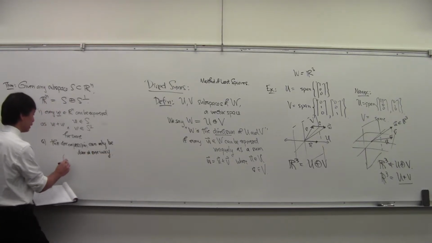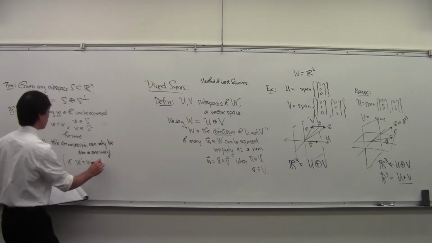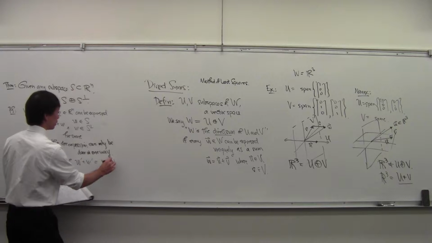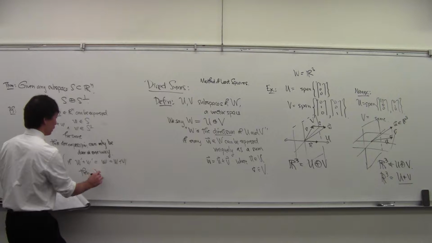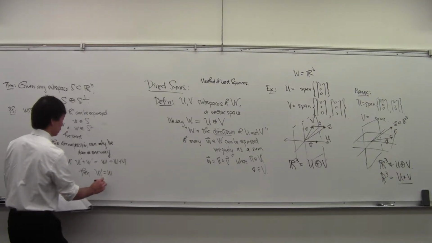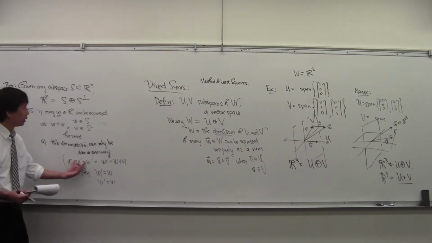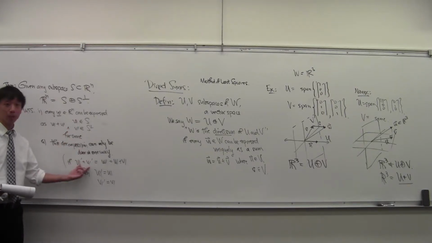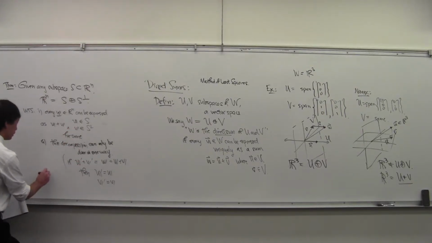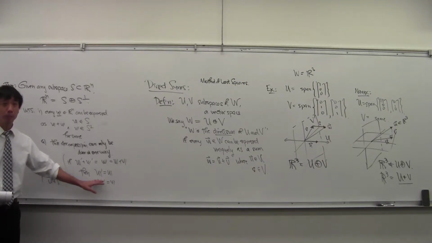In other words, if U prime plus V prime also equals W, then U prime must be U, and V prime must be V. If there's some other way to break this up into something in S and something in S perp, so U prime is in S, V prime in S perp, then they must be the same.